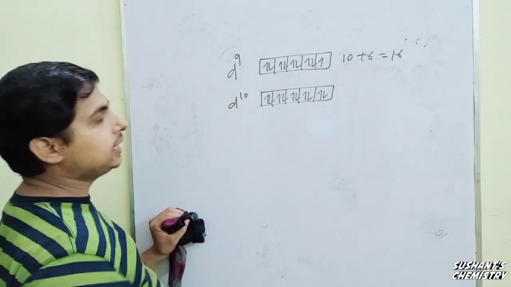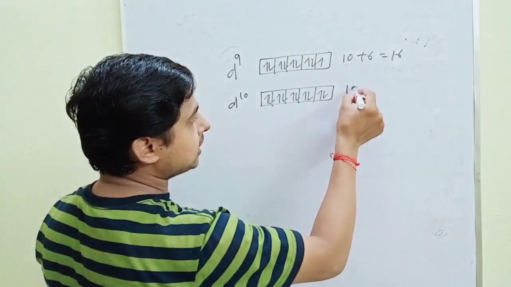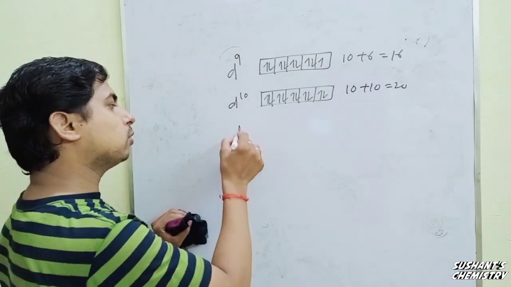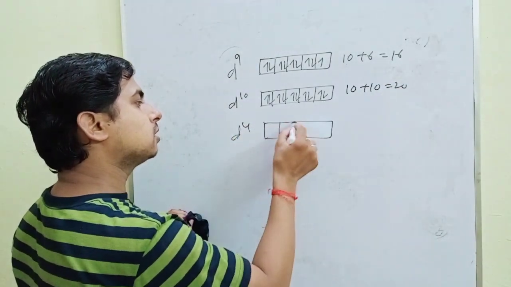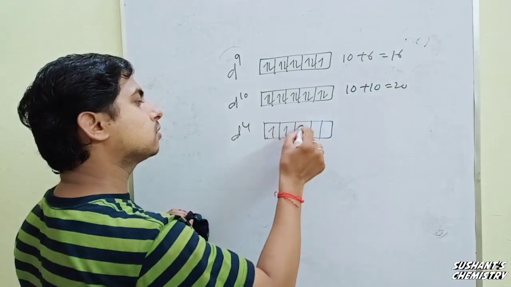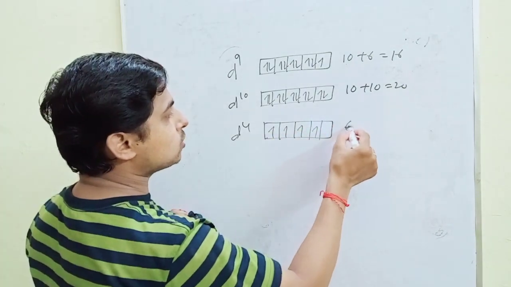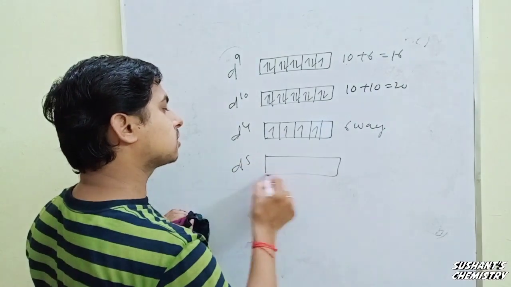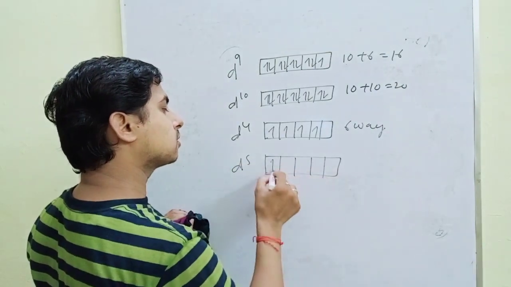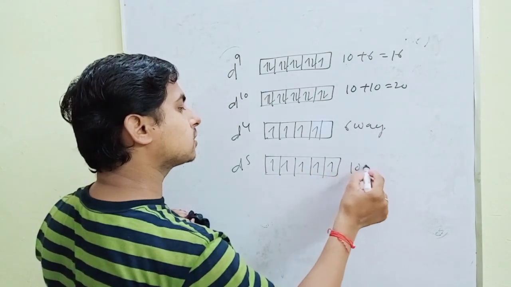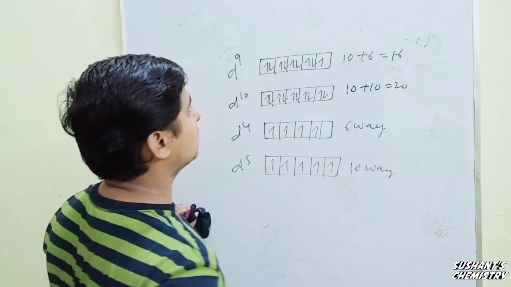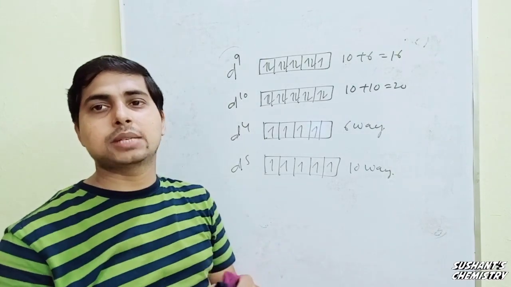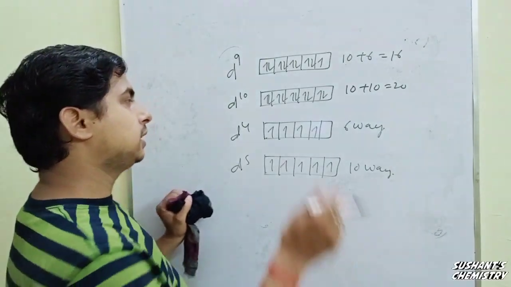Similarly, for D10 configuration, the number of exchanges is 10 plus 10, that is 20. Similarly D4 gives 6 ways, and D5 gives 10 ways. To compare, orbitals having large exchange energy are more stable.